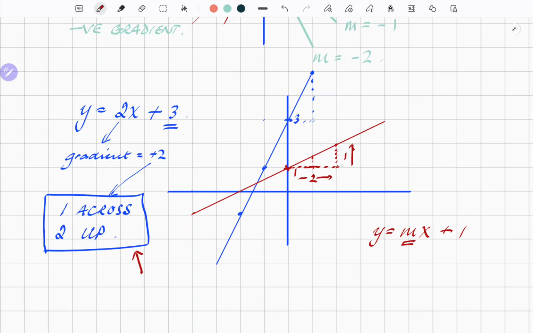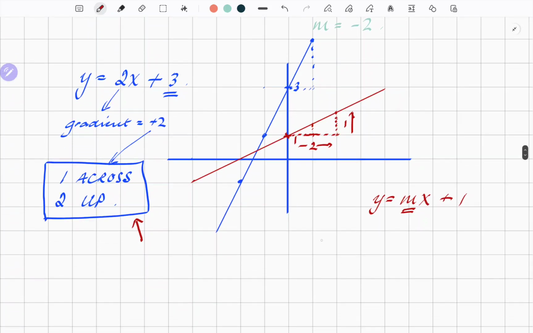So in this case, remember what I was about to show you, the maths version of it, i.e. the algebra. It's called the y difference divided by the x difference. Does that make sense?